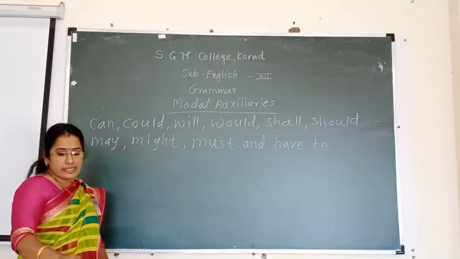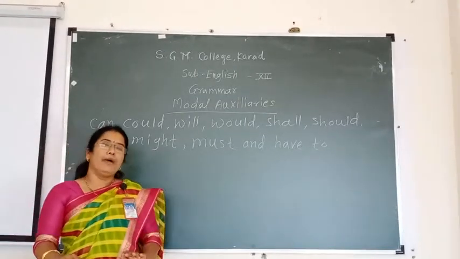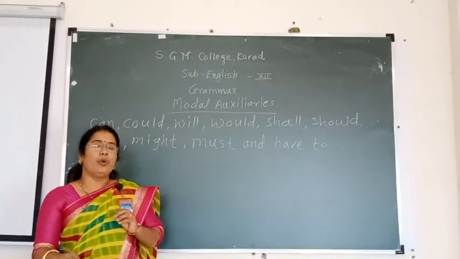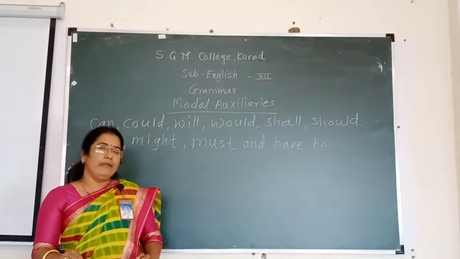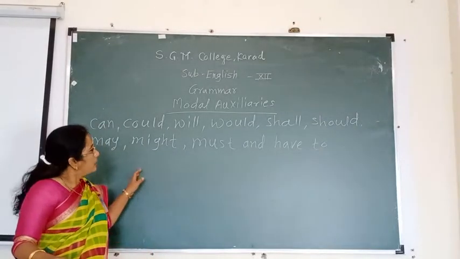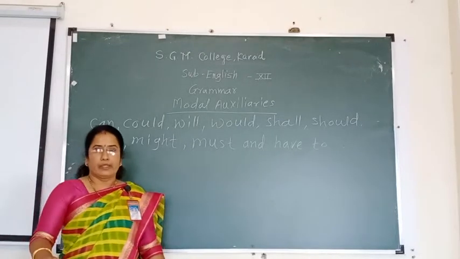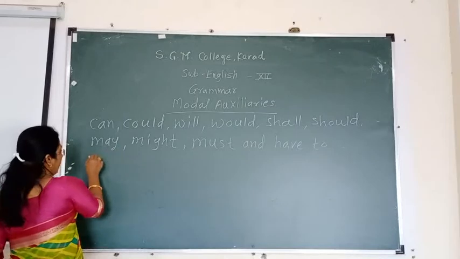These modal auxiliaries are used when we want to indicate our attitude towards what we are saying. They are always used with the main verb in its original form. So, let's see the first modal auxiliary, can.